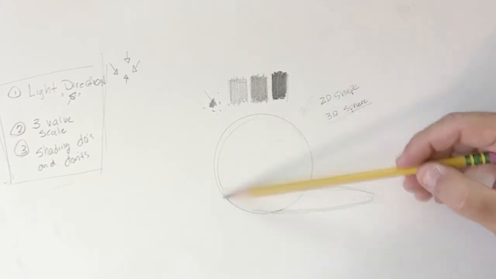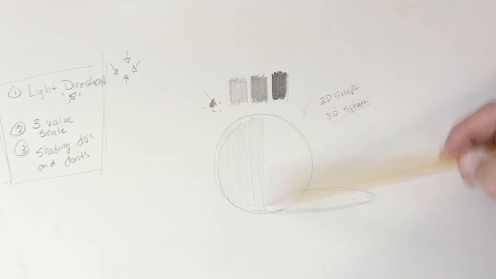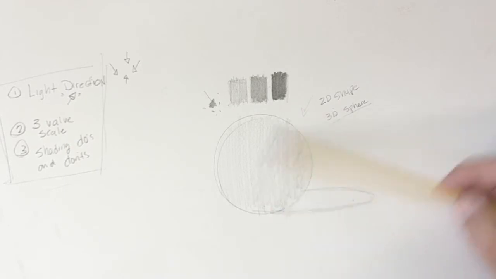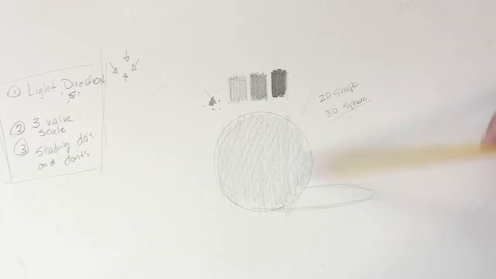So here's the first thing I do. I just lightly shade in the shape using 1 value, okay? And I'm going to kind of go back and forth, just kind of get a nice 1 value in there, okay?